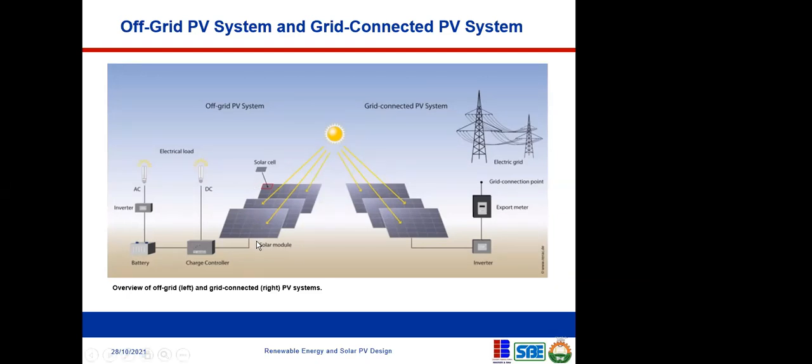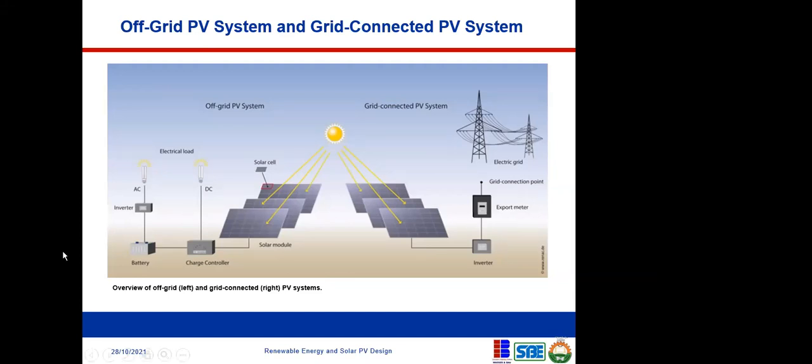Of course, when you generate this solar energy, it passes through what we call a solar charge controller. If you're having a battery that you want to charge with this sun energy, it has to pass through a charge controller to control the amount of energy that goes to that battery so that it doesn't spoil the battery. That's just the function of the charge controller.